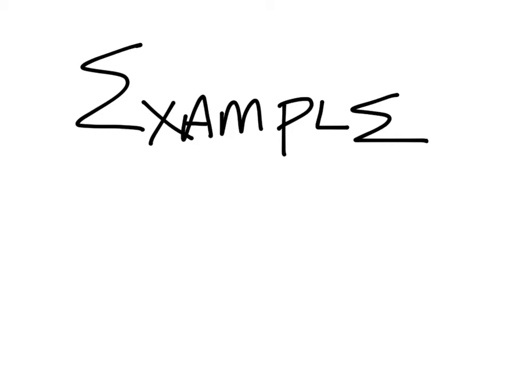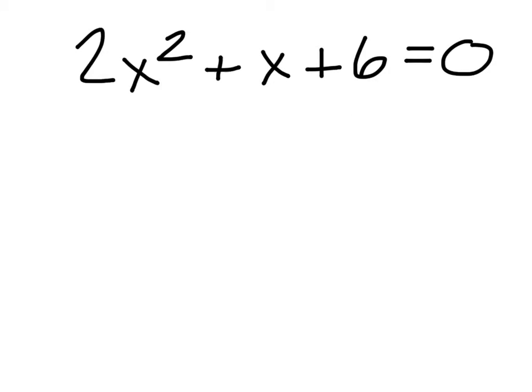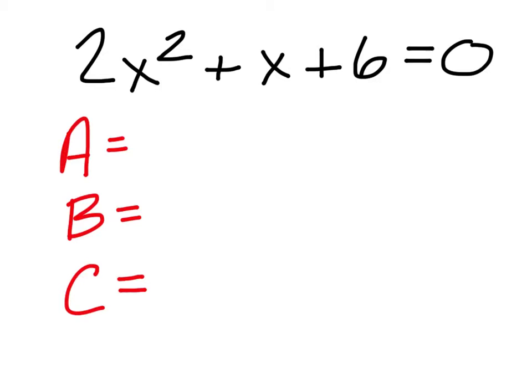Here's an example. 2x squared plus x plus 6 equals 0, and we have to solve this. Here's your first step. You have to figure out what a, b, and c are. So a is going to be the item next to the x squared and the sign that goes with it.